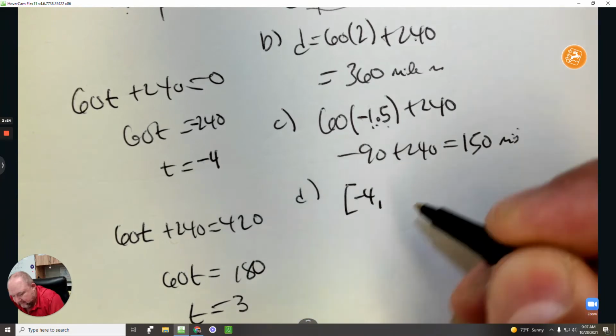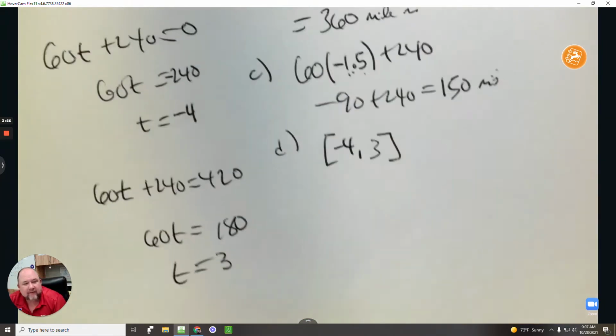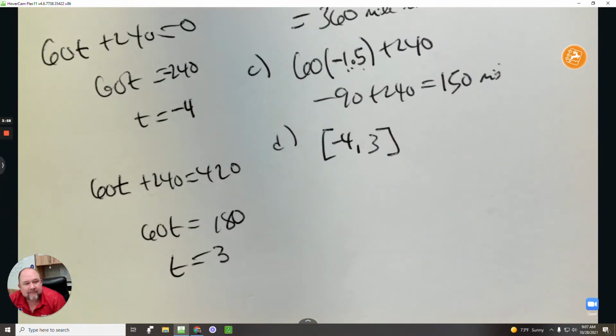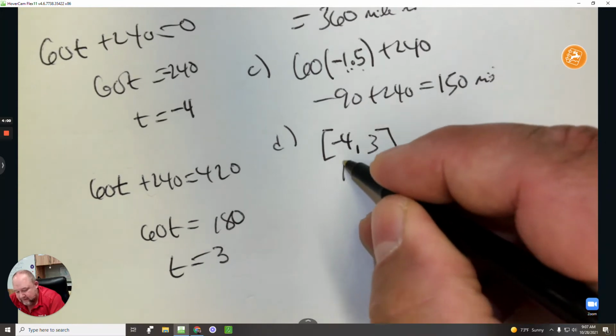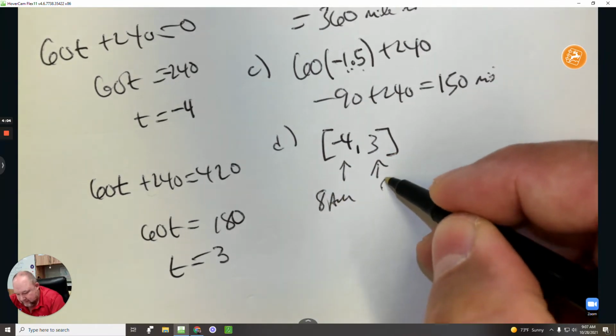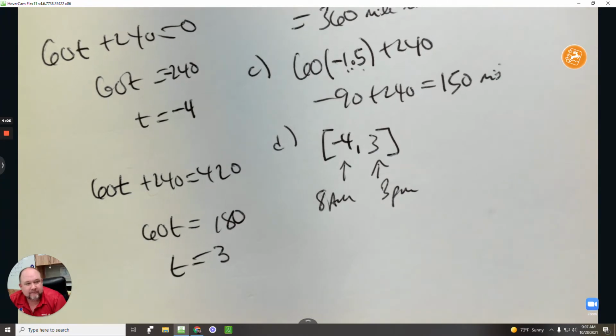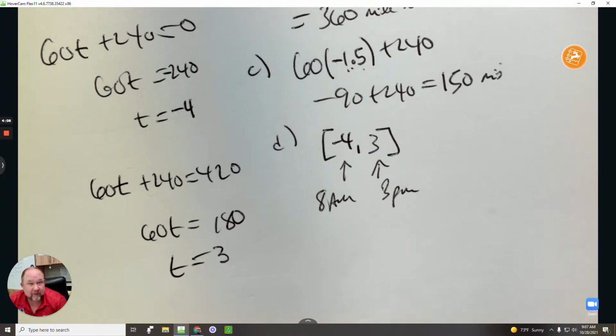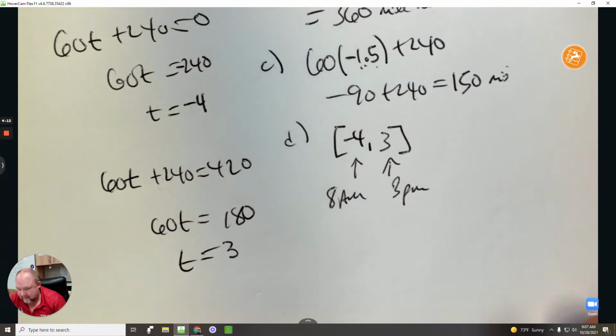Divide by 60. So that's the end of the trip, and that's the beginning of the trip. In time, that would be from 8 a.m. to 3 p.m. And we're saying t equals 0 equals noon. You know what? It's not a particularly difficult one, but it's an interesting one, so I like that.